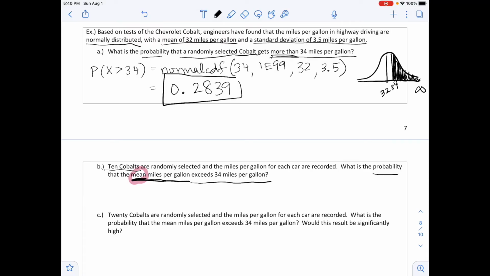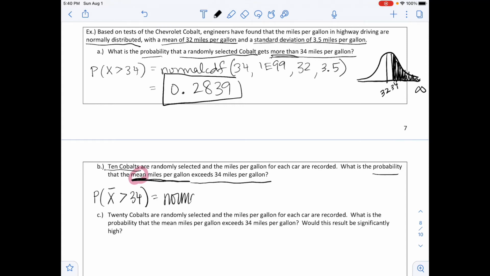So this is going to be using that idea, the central limit theorem, and so we're finding the probability that the mean miles per gallon, x bar, exceeds 34. This would be done exactly the same way.